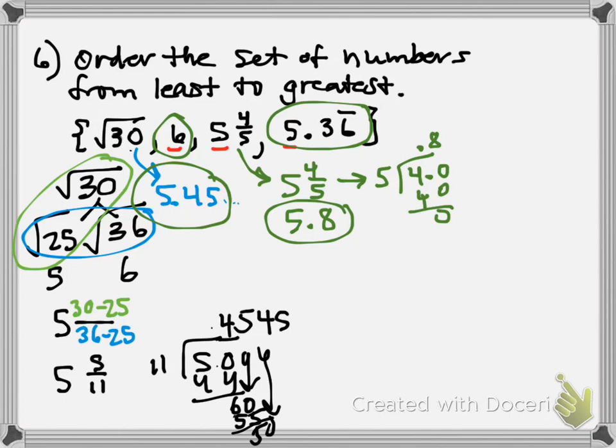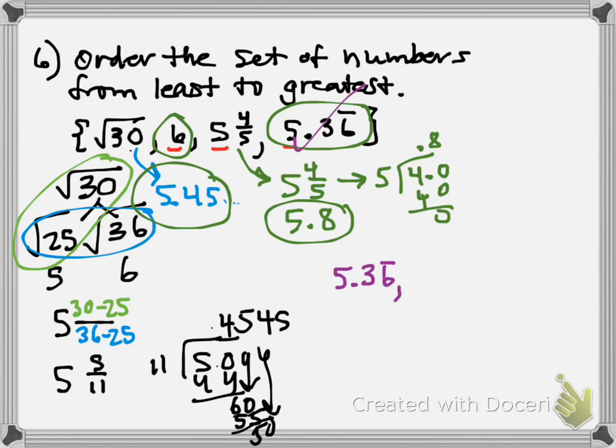So which one is the smallest of all of them? Yeah, the 5.36 repeating. What would come next? Hold on. All right, so we got the 5.36. We've got him settled. And then you guys told me which one?